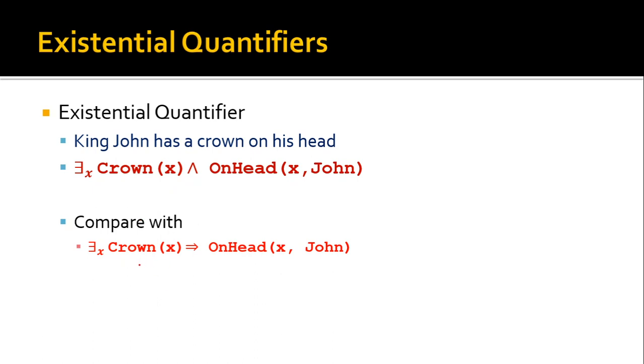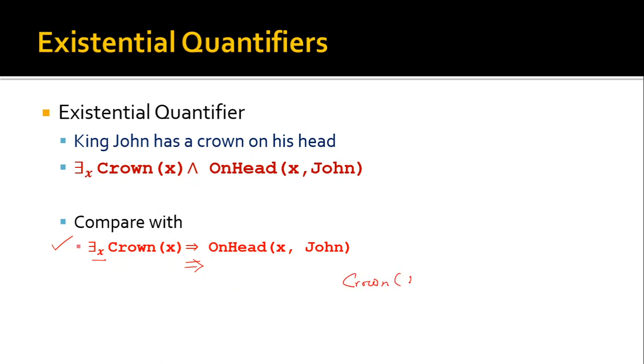Now again, this is another modeling error that sometimes people couple their exists with implication, which doesn't really go together. You can see that if I say whenever something is a crown, that implies that X is on John's head. Now X can be John, right? Now what is it coming up to be?